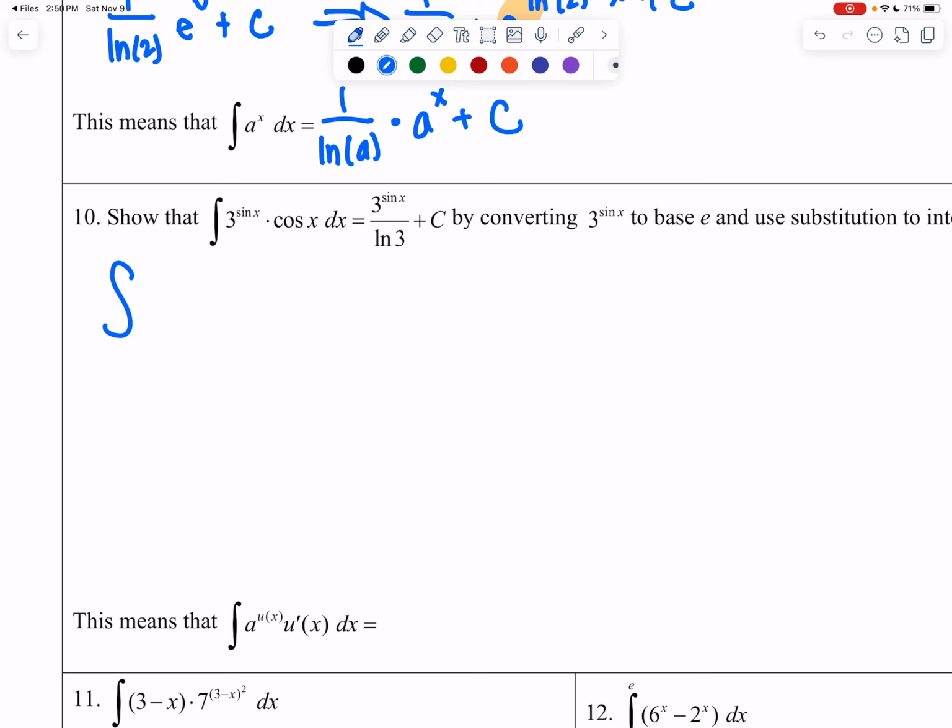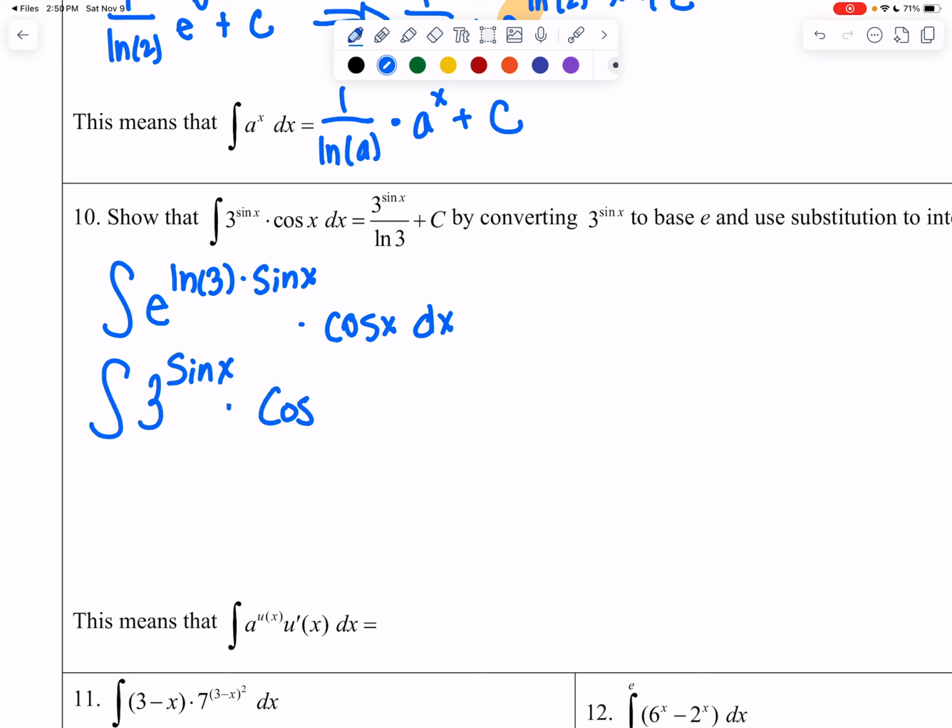So I'm going to have e to the ln of 3 times sine of x cosine of x dx. That way, if I were to simplify e to the ln of 3, I get 3 sine of x cosine of x dx, which is what we want.